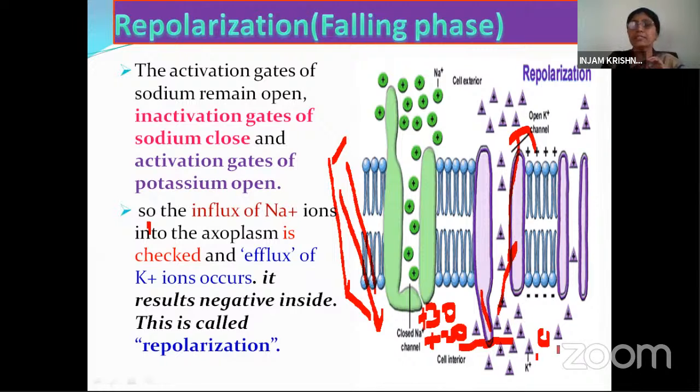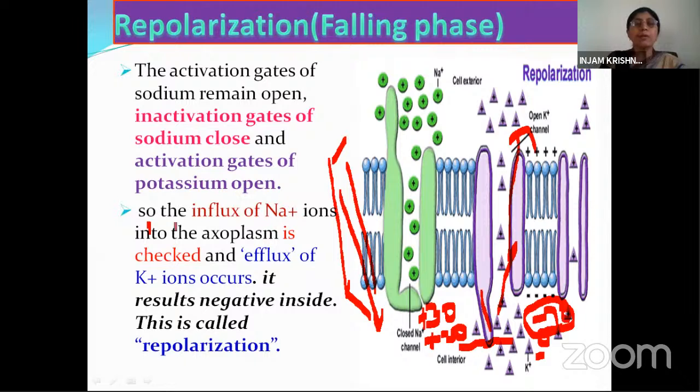After that, it has to reach minus levels, up to minus 70, because minus 70 millivolts is the resting membrane potential. So it tries to reach this potential. That's why potassium ions move from inside to outside.